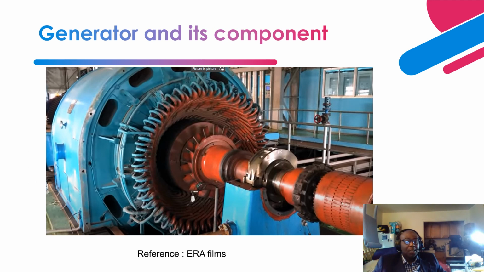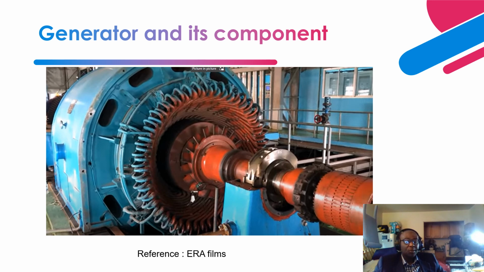Okay, so this slide shows you a typical picture of a small-sized generator. As you can see over here, you have a small-sized generator with a generator enclosure. And this duct shows you where air passes through to cool the stator winding. Then on this side is the rotor.